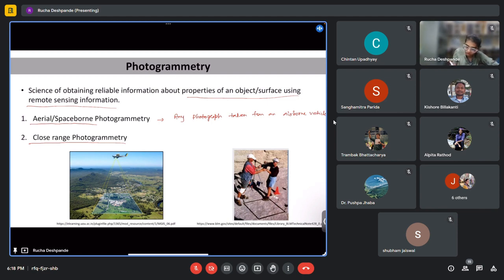Whereas in close-range photogrammetry, the images are acquired through handheld instruments.